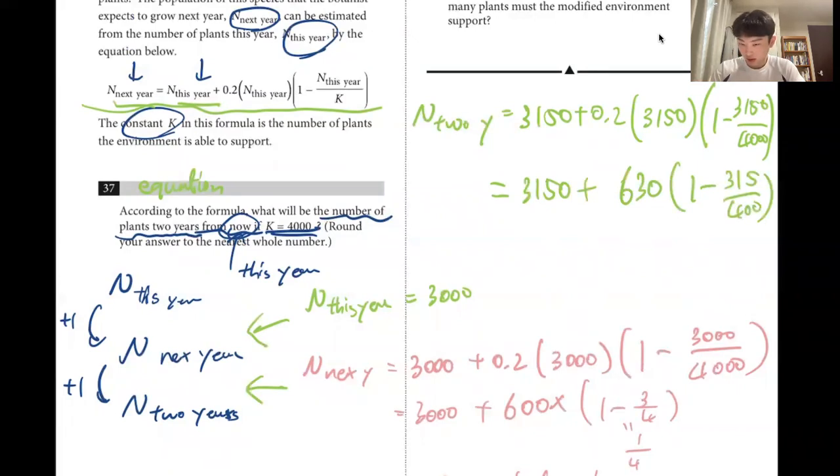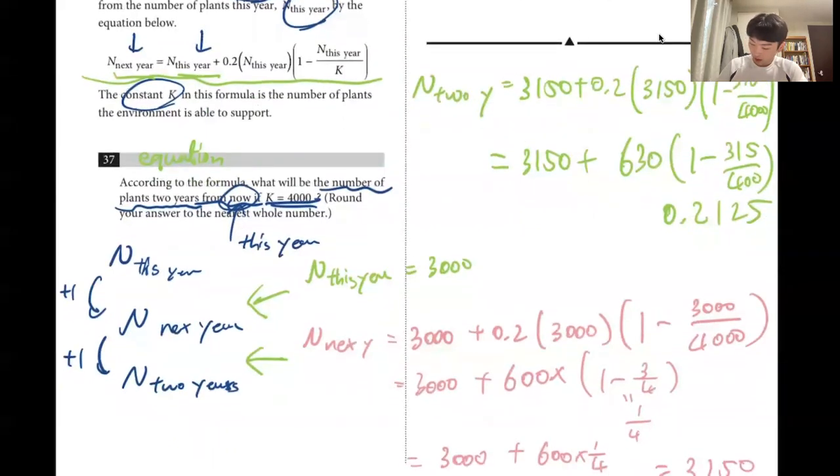So I'm going to do this, 1 minus 315 divided by 400 is 0.2125. Sorry, anyway.